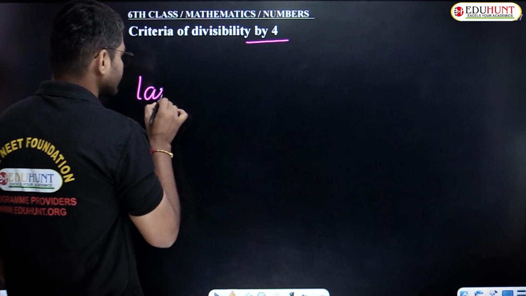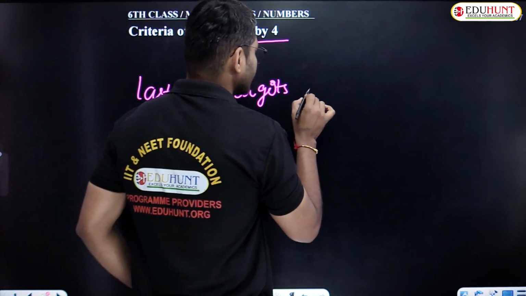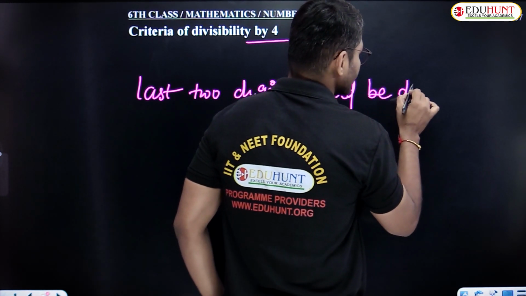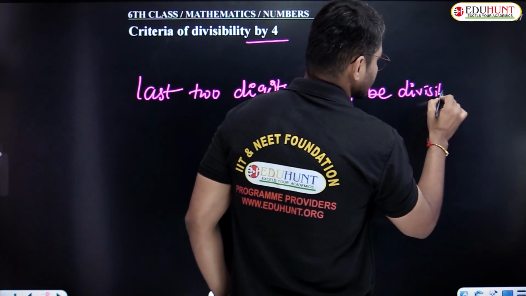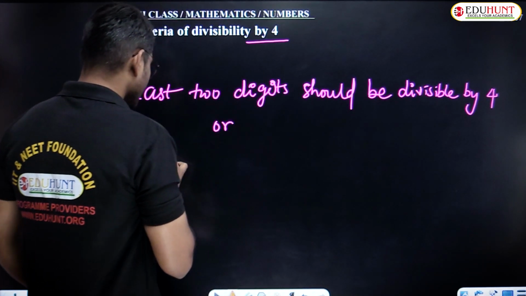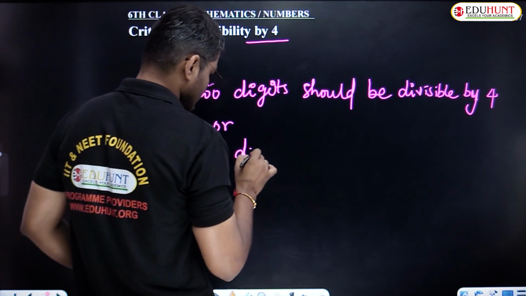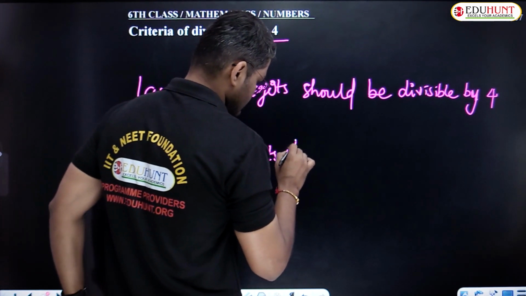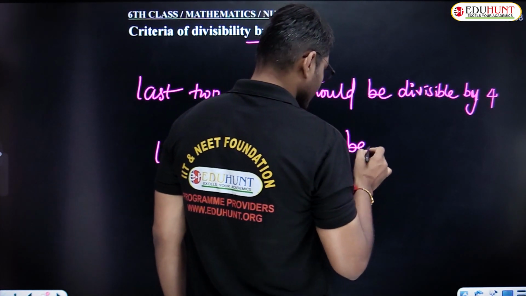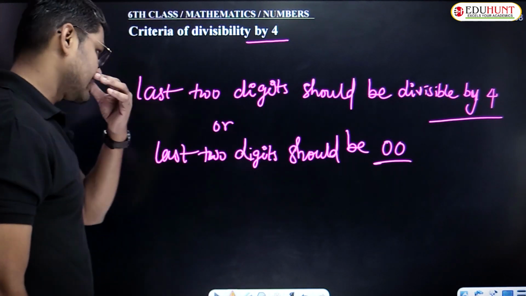Last 2 digits should be divisible by 4, or last 2 digits should be 0, 0.